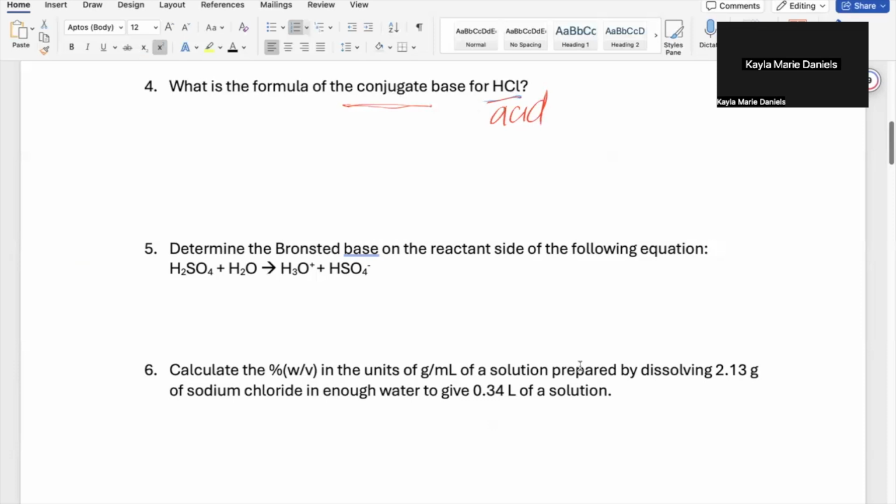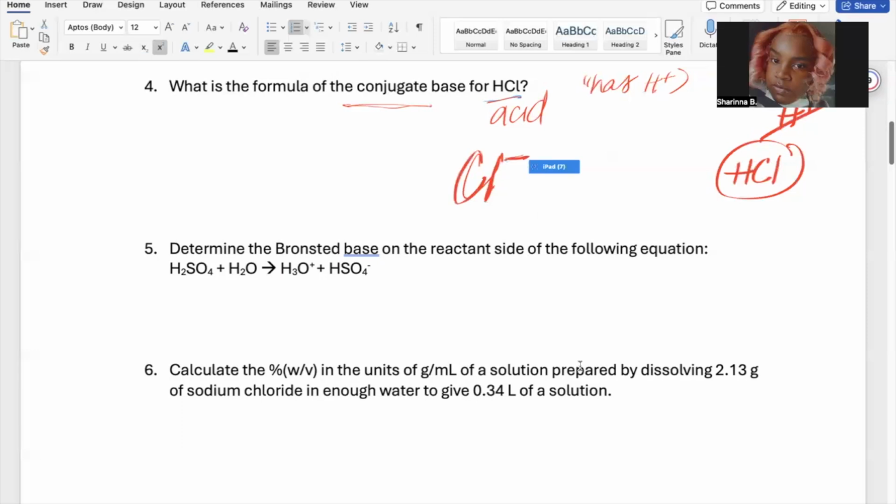So an acid, quote unquote, has the hydrogen and wants to donate it. So a base would lose that hydrogen, and that hydrogen is equal to H plus, essentially. So if HCl is neutral and I got rid of something with a plus charge, now I have something with a negative charge. All right, so this would be my final answer.